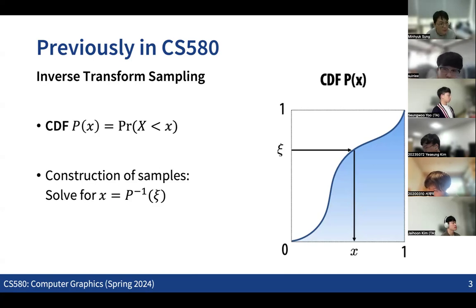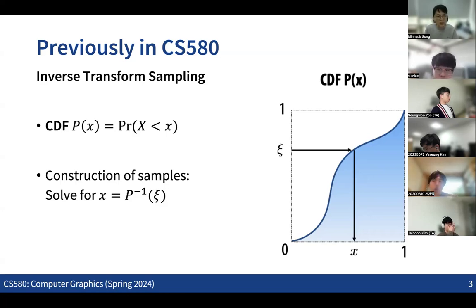We draw the samples using the inverse of the CDF, which means that we should be able to compute not only the CDF, but also the inverse of the CDF, to draw the samples based on the probability distribution. So this was the fundamental idea of importance sampling.